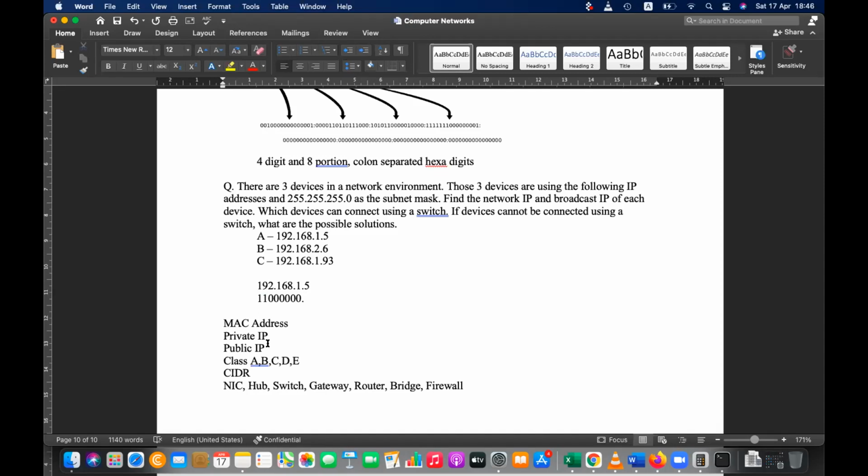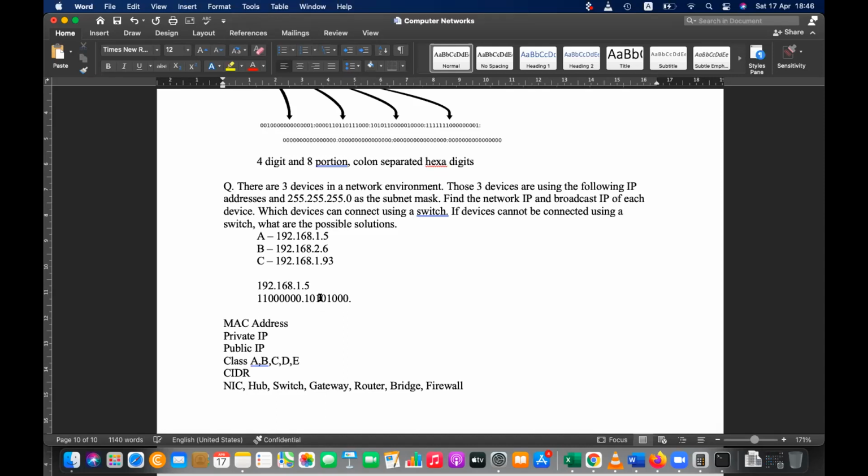Yes, quickly do this. You have to write the binary value first. 168 is 1 0 1 0 1 0 0 0.